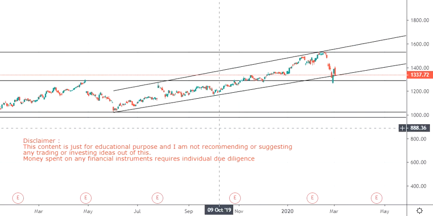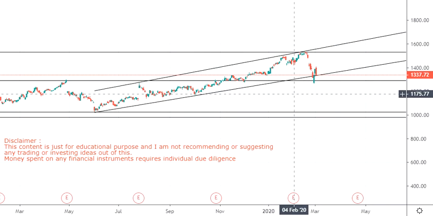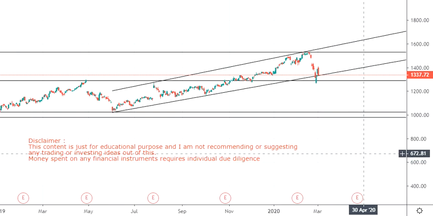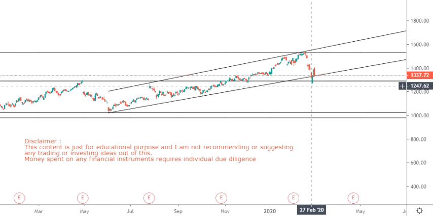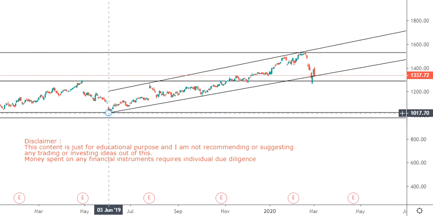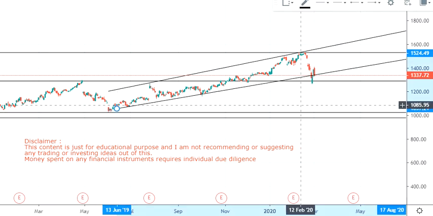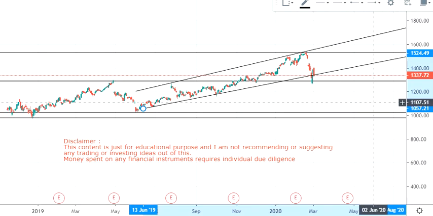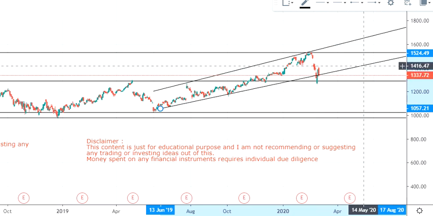Just check it out, you will get a pretty clear picture. As you can see, there is a pretty good up move from this support line, which previously was a resistance line, and the chart has respected the support and resistance line very beautifully.